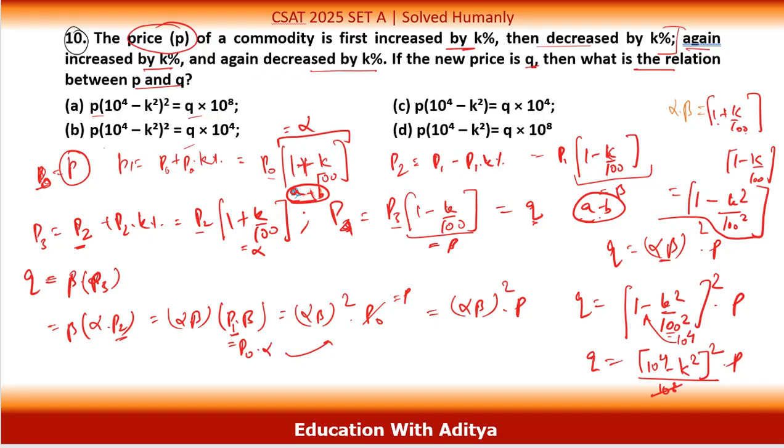So 10 raised to the power 8 dot Q is equal to 10 raised to the power 4 minus K square whole square dot P. So if we go by the question options, do we have a match here? Yeah, we have a match. This one.